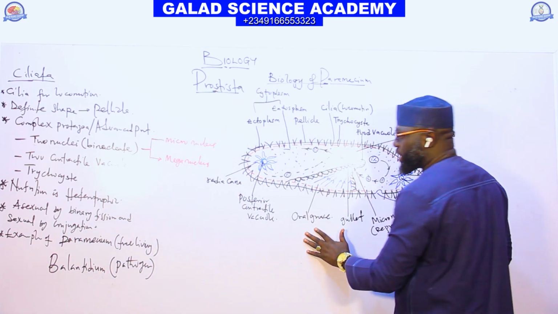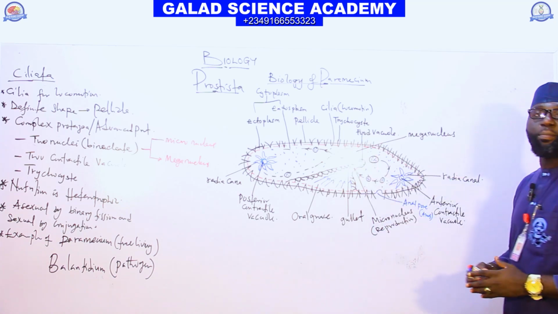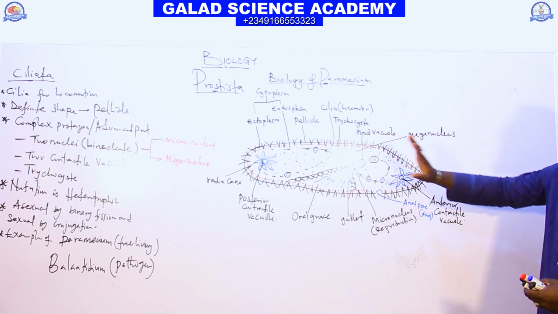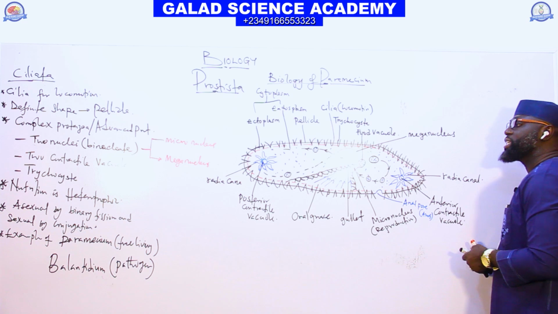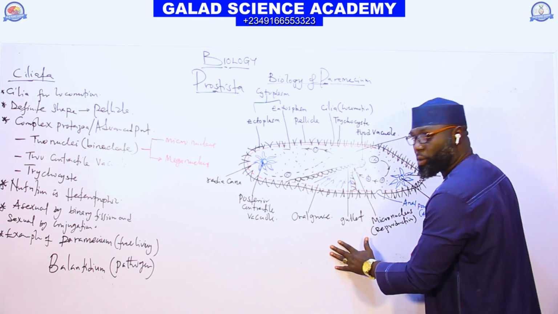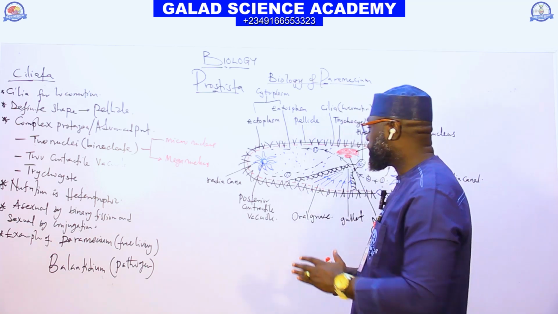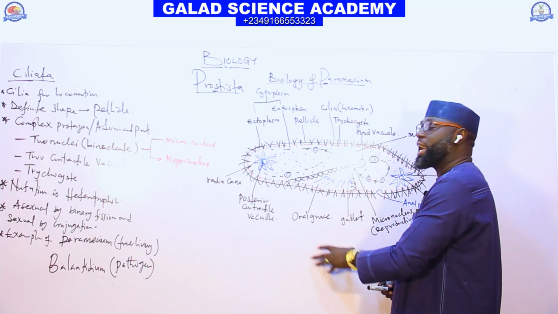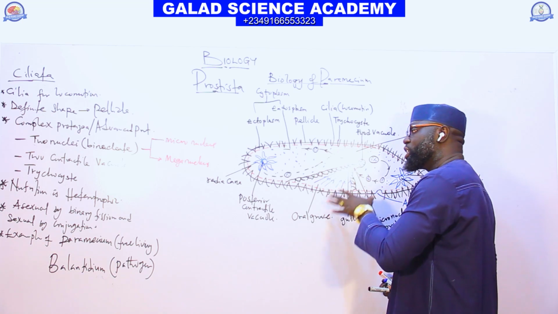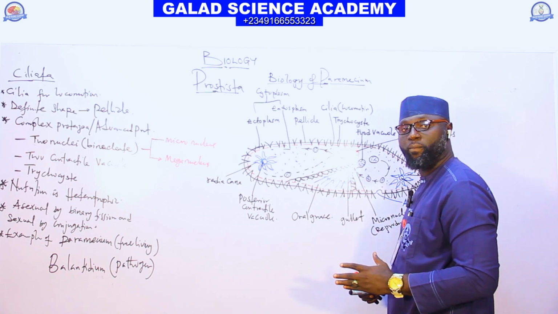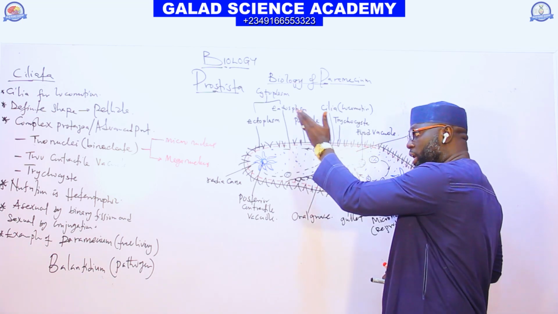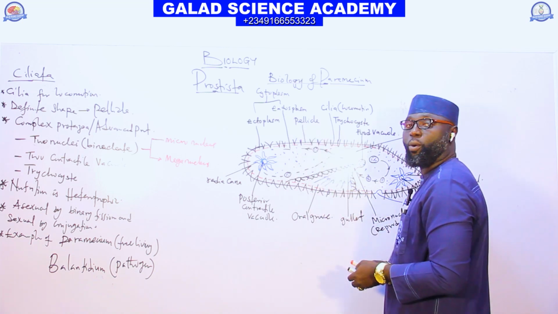And the next thing we need to check here is the respiration of Paramecium. The respiration and excretion in Paramecium are equivalent to the respiration we have in amoeba. The respiration is through diffusion of oxygen and CO2.